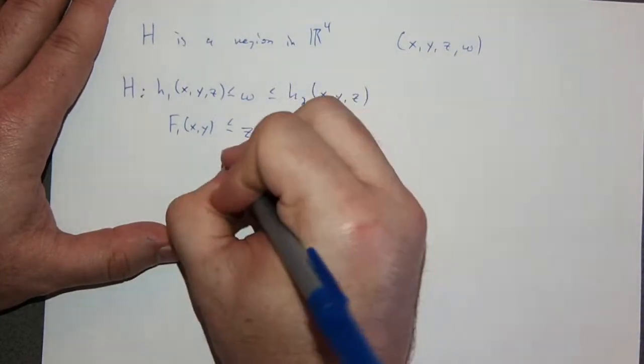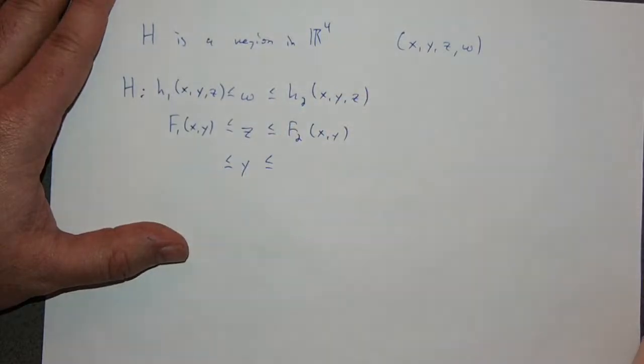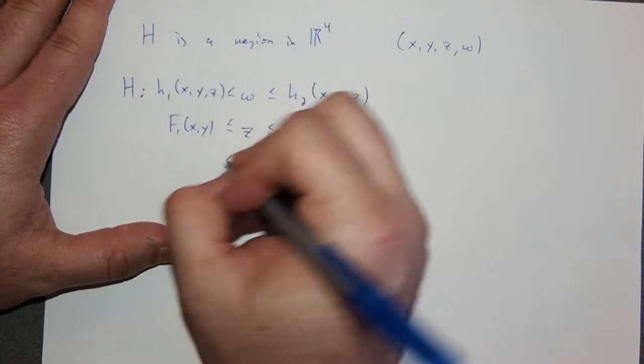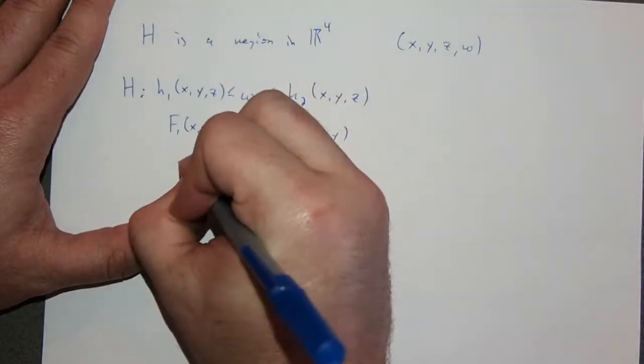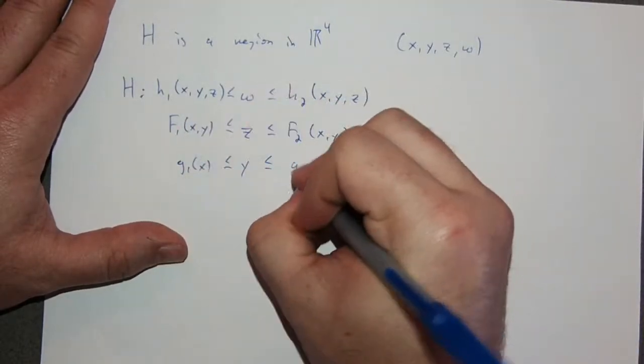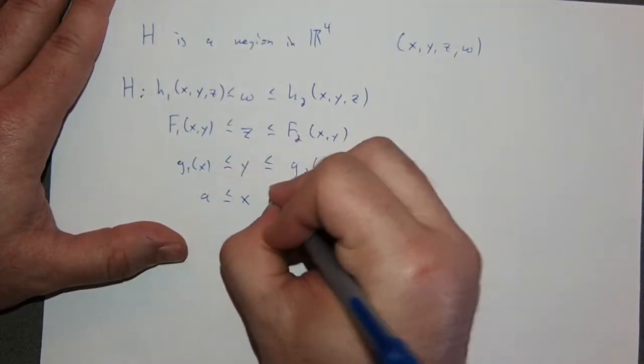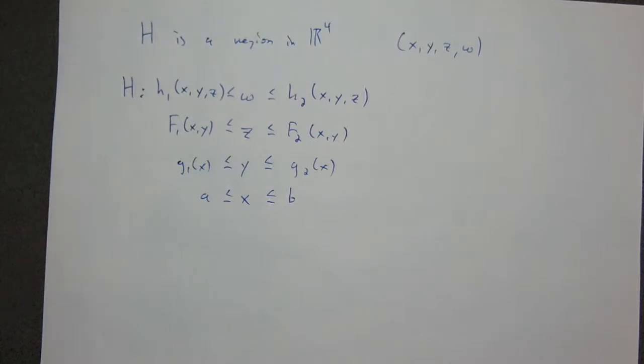And this is on a vertically simple region. So y is bounded between the graphs of two functions, g sub 1 of x and g sub 2 of x. And x is on some closed interval, a to b.